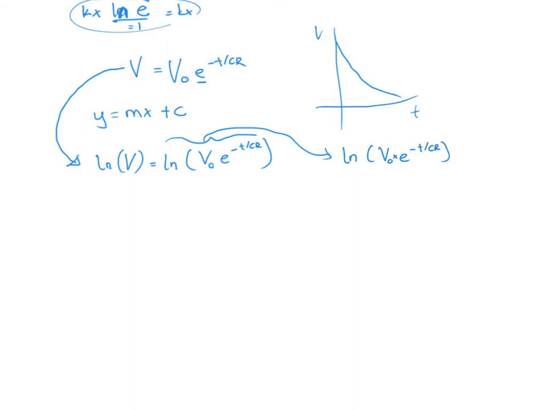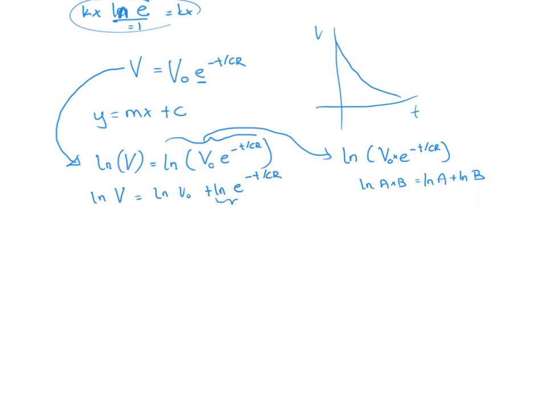And we know that ln of a times b is the same thing as ln a plus ln b. So I will rewrite this: I have ln V is equal to ln V naught plus ln e to the minus t over CR.